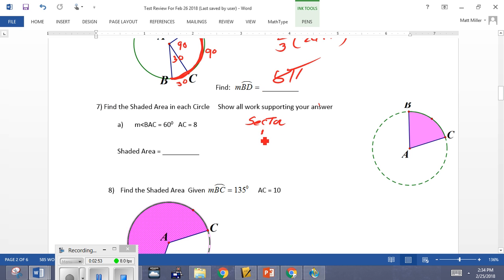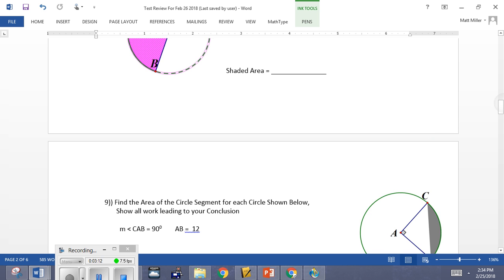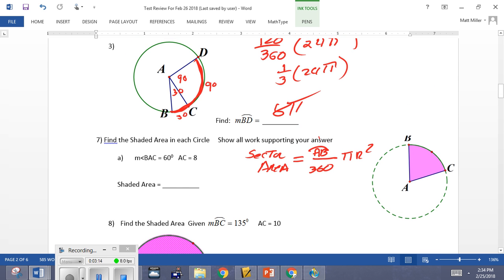Okay, and see down here, this is the sector. The sector area is a fractional part of the area of the circle, which is equal to the arc angle over 360 times pi r squared. BAC here is 60.